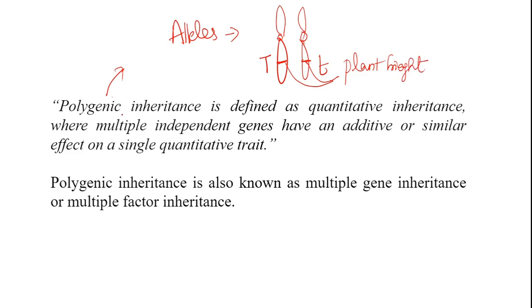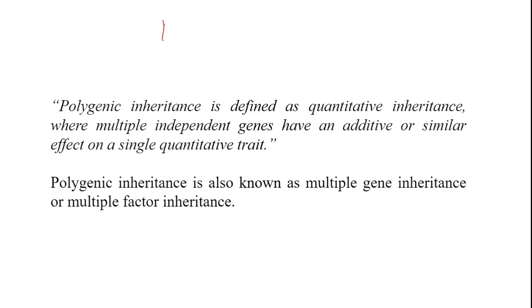But in polygenic inheritance, this is called non-allelic interaction. Non-allelic means the genes are present on non-homologous chromosomes. Assume this is a metacentric and this is an acrocentric chromosome. Here the A gene is there, here the B gene is there, which are not at all homologous, but the A gene and B gene show some effect on a phenotypic trait, mainly plant height.